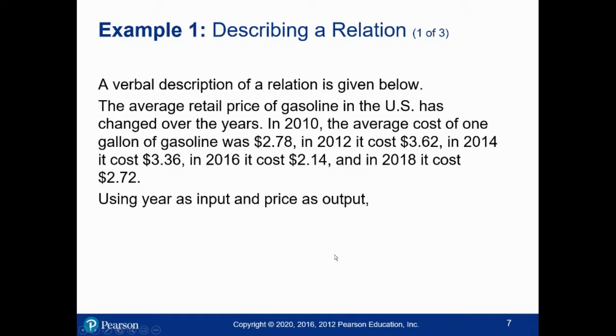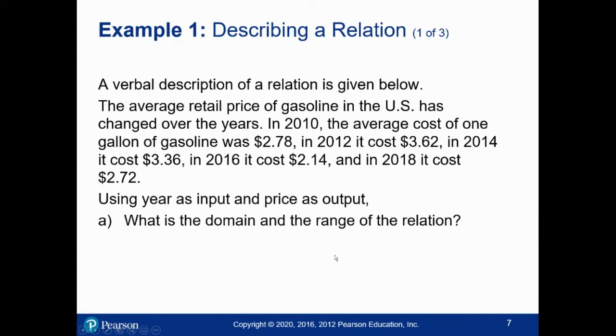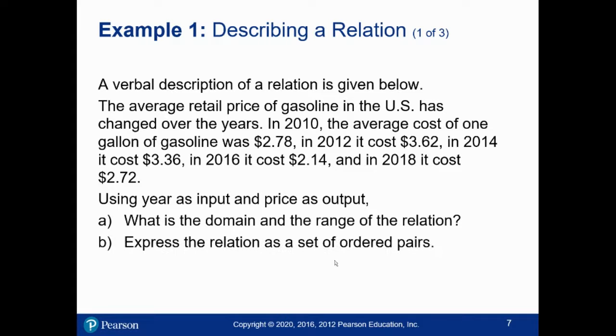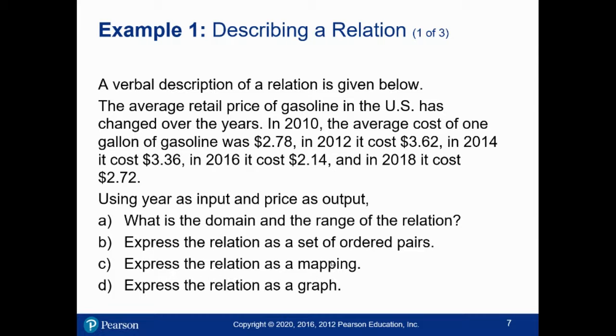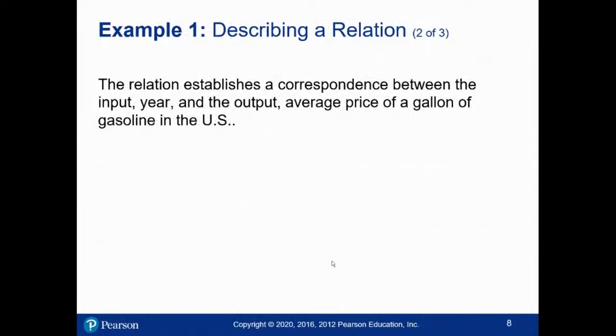So if we use years as input and price as output, what's the domain and what's the range? So pause for a second and think. Okay. Can you express them as pairs, where you write the input first, comma, the output second? Can you express it as a mapping, and can you express it as a graph? So let's go through all of these.